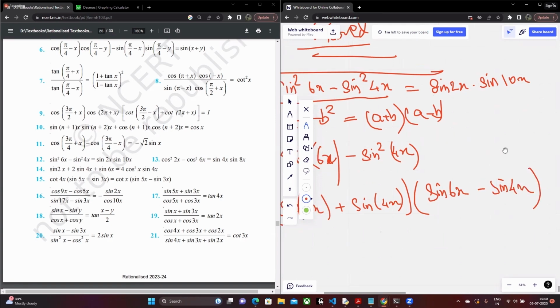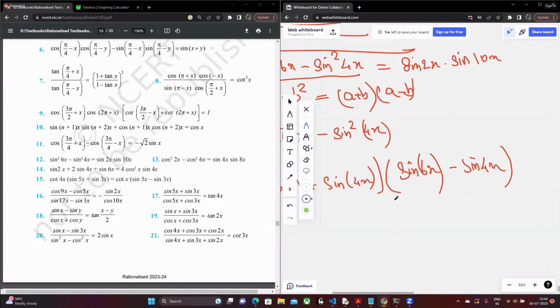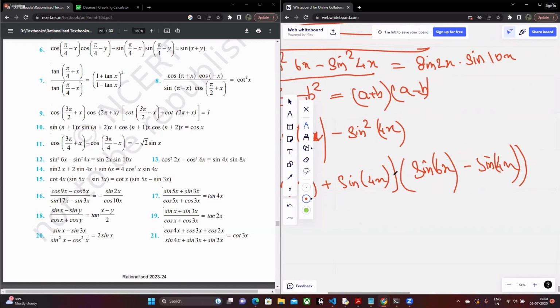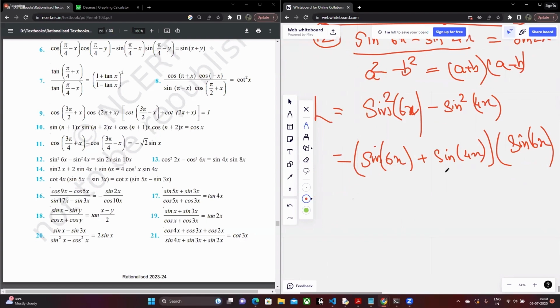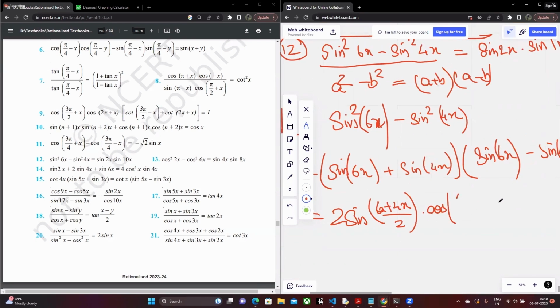Remember that sine x plus sine y is going to be what? 2 sine of (6x plus 4x) by 2 into cos of (6x minus 4x) by 2.